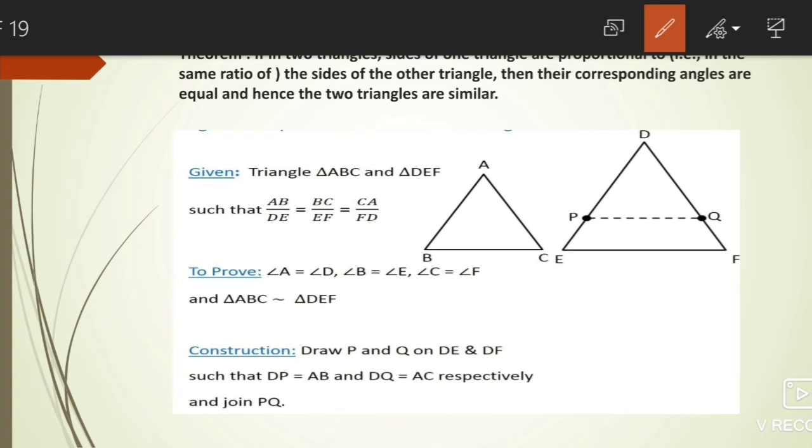Since the second condition is given, that means the corresponding sides are proportional, you can say that AB by DE is equal to BC by EF is equal to AC by DF, given. You have to prove that corresponding angles are equal, that is, angle A equals angle D, angle B is equal to angle E and angle C is equal to angle F. That means these two triangles will be similar.